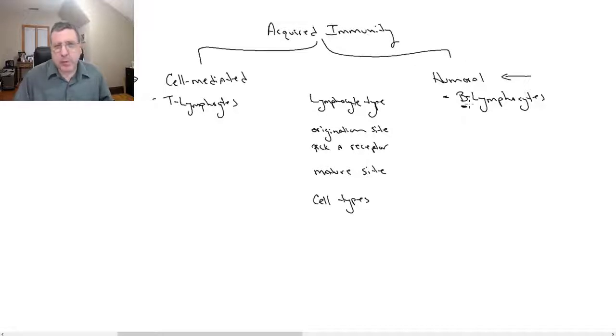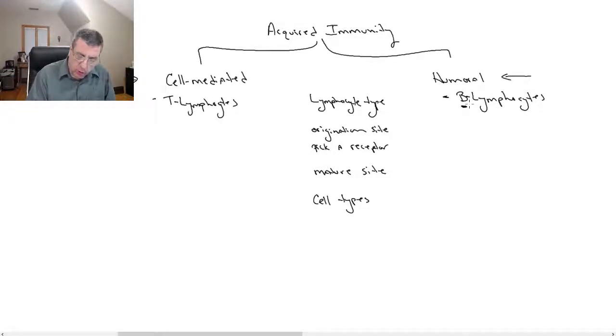If I look at the B here, when was the last time you had a really good belly laugh? So humoral or humor, B for belly laugh. Hey, if it works, go with it. This is my weirdness coming out. So cell-mediated, T lymphocytes, and B lymphocytes are going to be the humoral.